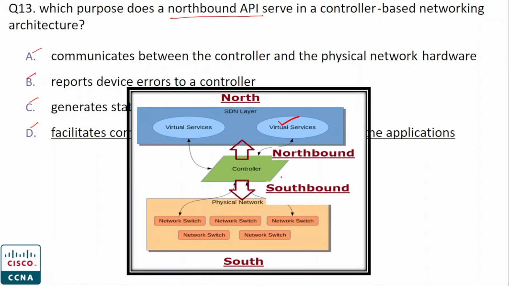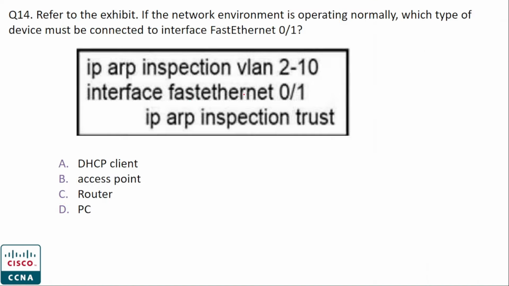And again, this is visible in this diagram. So the northbound API facilitates communication between virtual services or applications, while the southbound API facilitates communication between the controller and the network switches or the edge devices.